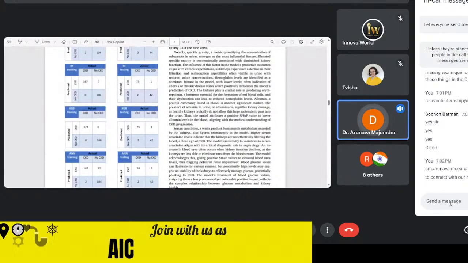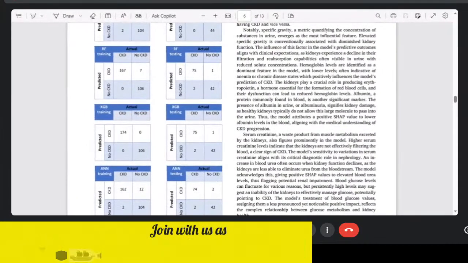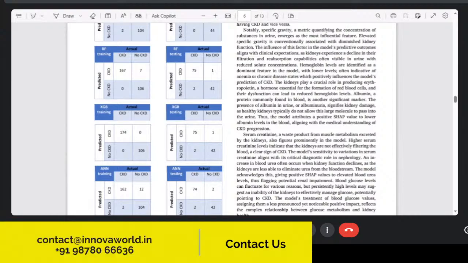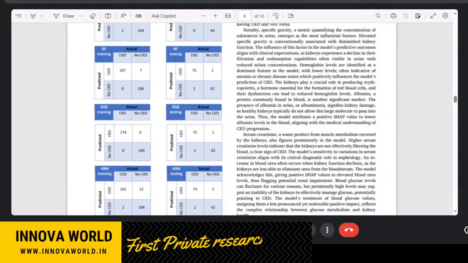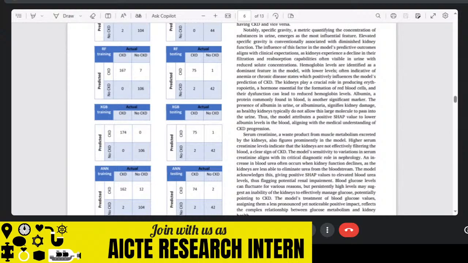Whatever you are writing or whatever analysis you are doing, use the report format, which is available on InnovaWorld dot com, dot in. I think the link was also shared in the previous class. Download the format, and write all your reports in that format.